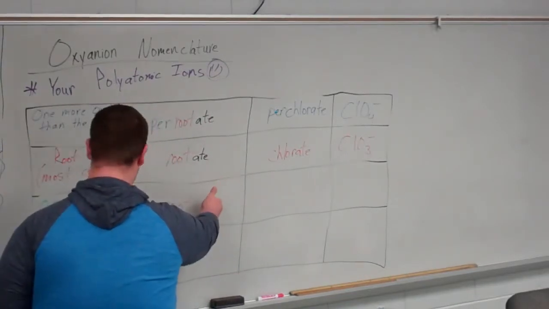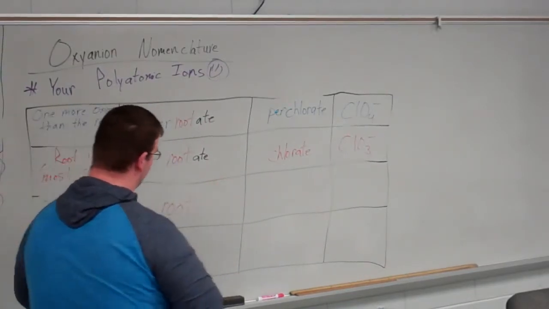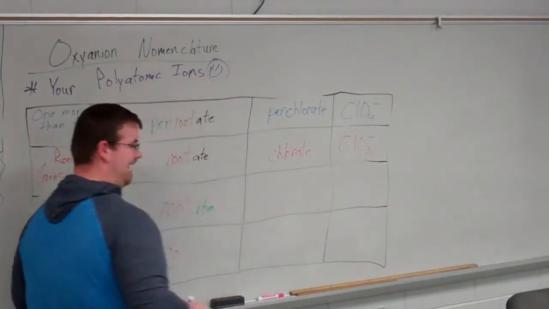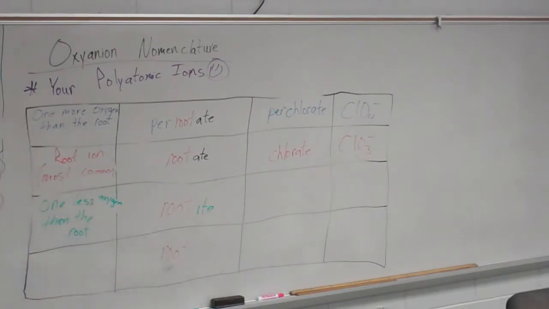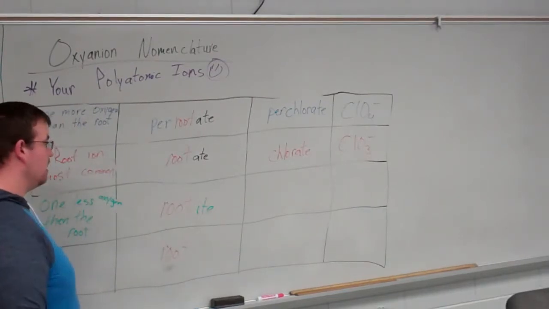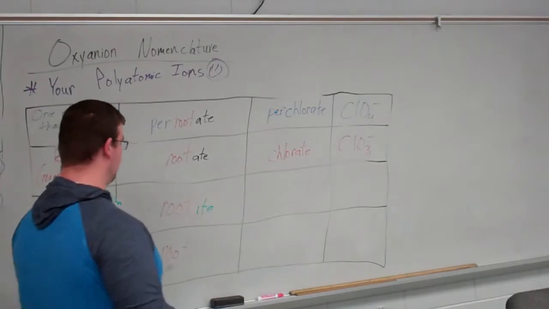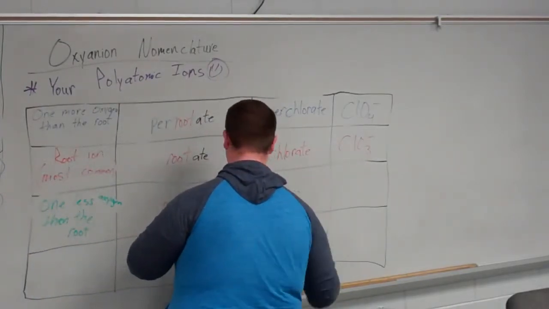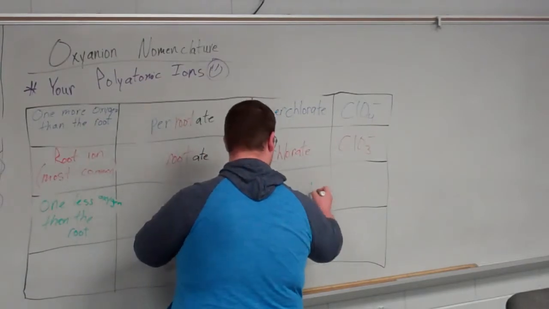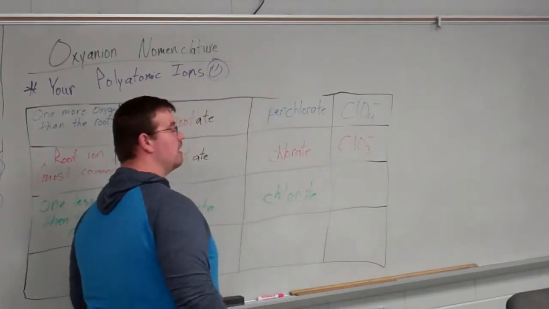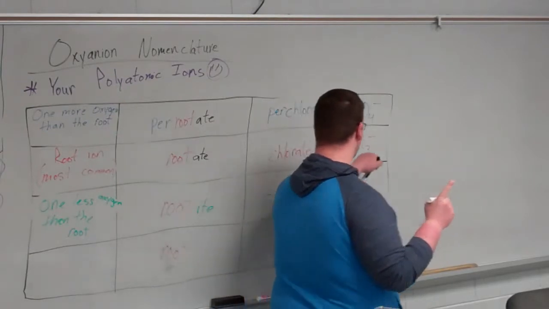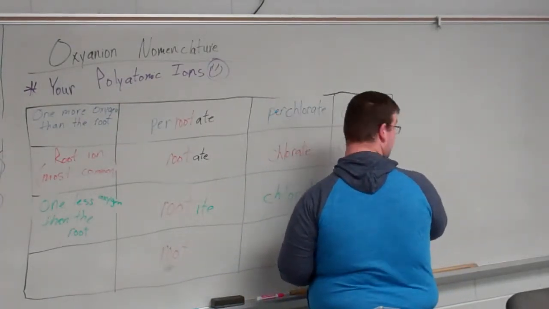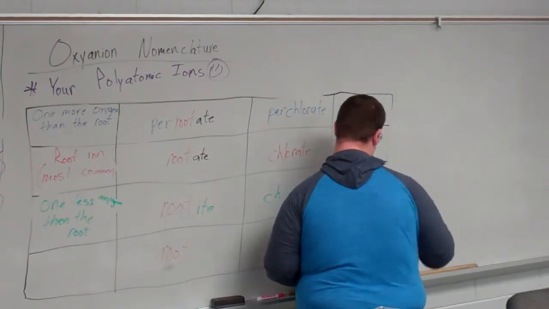The ending will change here, and that's what you're going to be looking at. You change the ending from ate to ite. Follow the pattern. Go with the root, chlor. Ending is ite. One less oxygen than the root. Here's the root, ClO. I normally have 3, so it's 2.